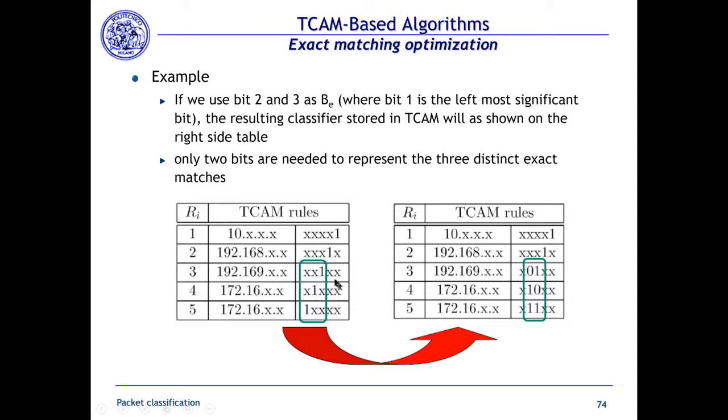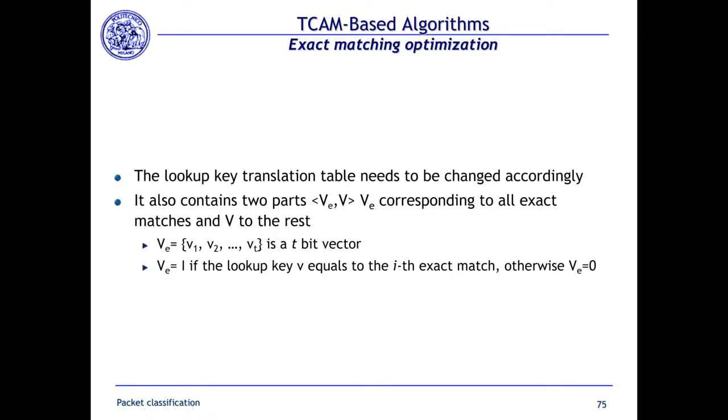Instead of using 3 bits, since the corresponding 3 intervals are mutually exclusive, we can use only 2 bits. Obviously, we have to do the same also when we are encoding the incoming packet. So we have to split the incoming packets and encode them using a similar encoding.